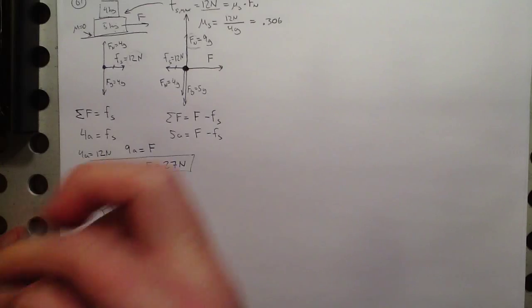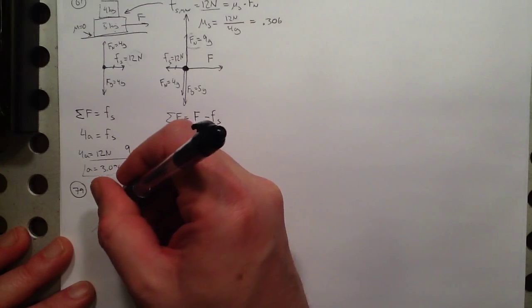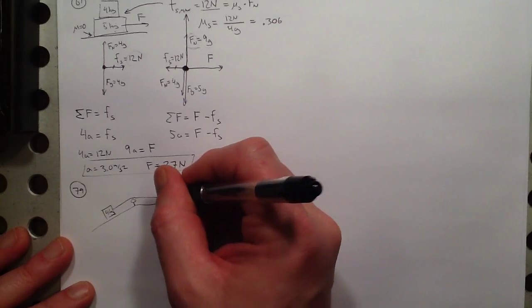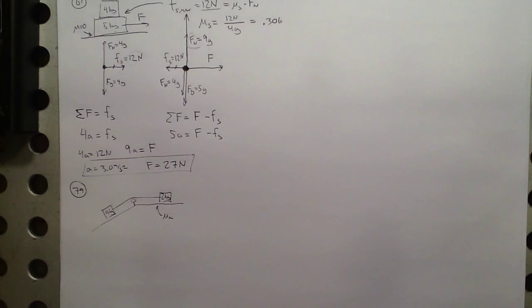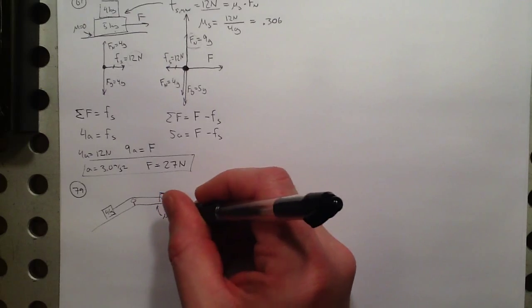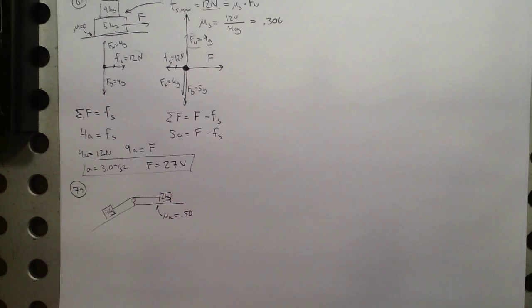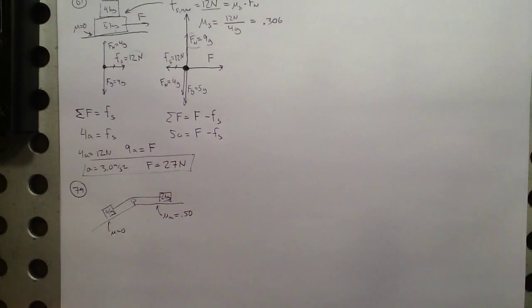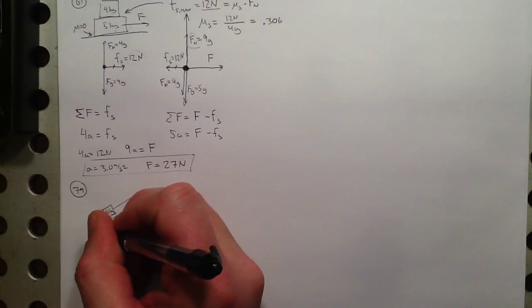Mass A, that's this one, is 4 kilograms, and this one is 2 kilograms. And this kinetic coefficient is 0.50. The inclined plane here is frictionless, and the angle here is 30 degrees.